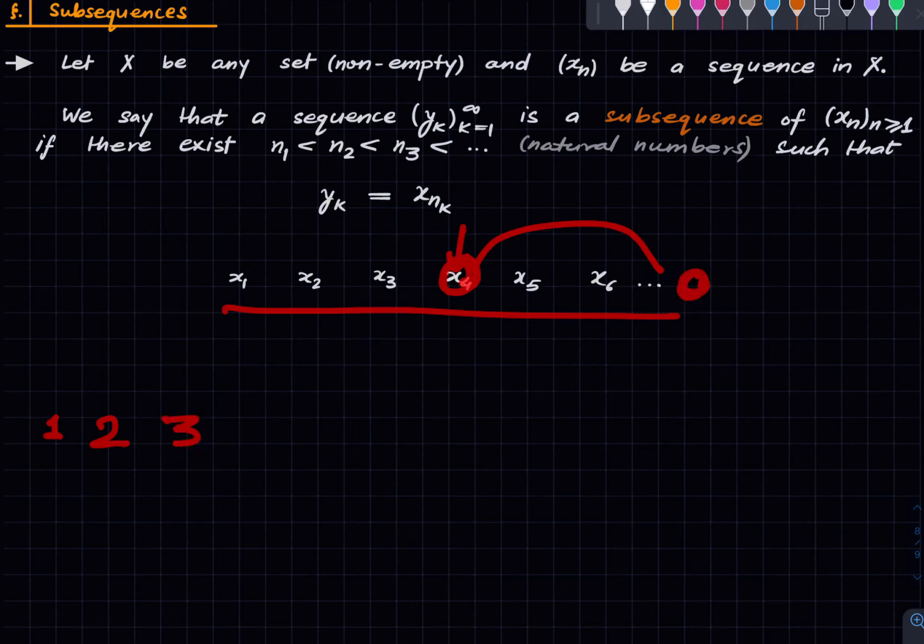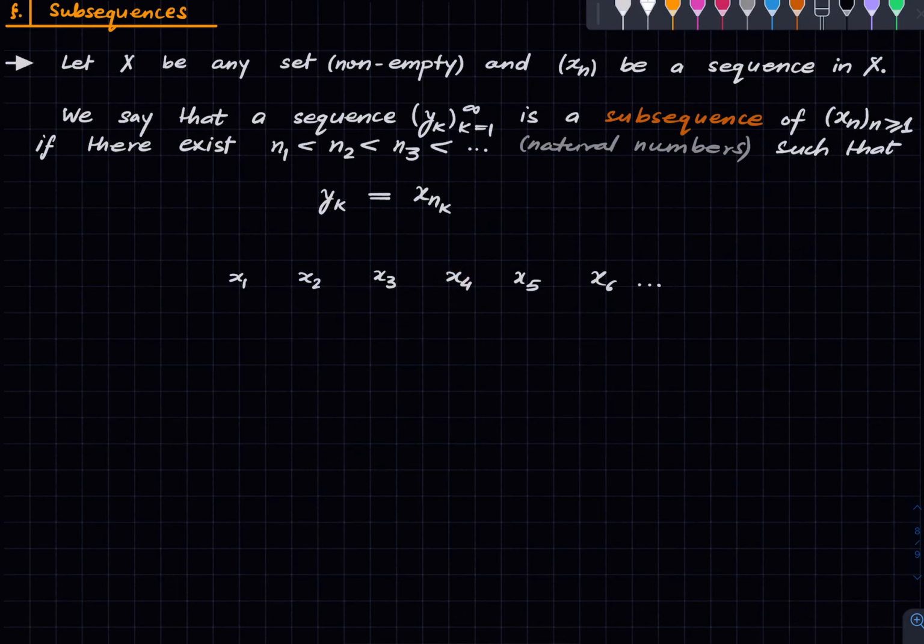Then 3, you select some guy that comes yet after that. So this way you will be selecting out a subsequence of the given sequence, right? You are throwing away some of them, but selecting the others, and you are maintaining the order. So that is what a subsequence is.